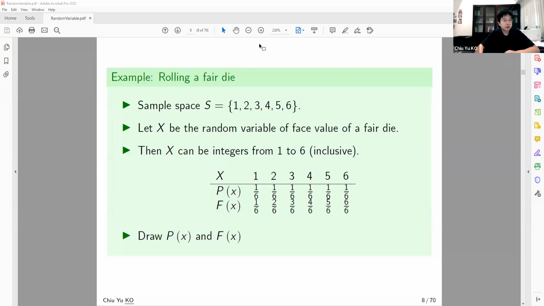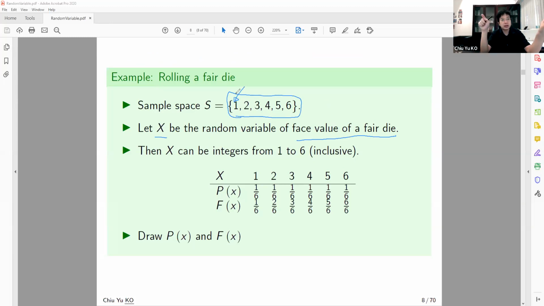So here I have a sample space of rolling a fair die, 1 up to 6. Very naturally, your random variable is the face value of the fair die. Here I already wrote the number, but actually this is not just 1.